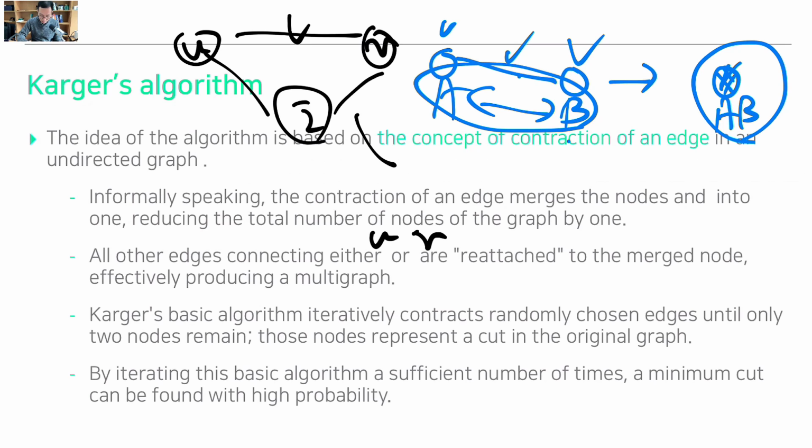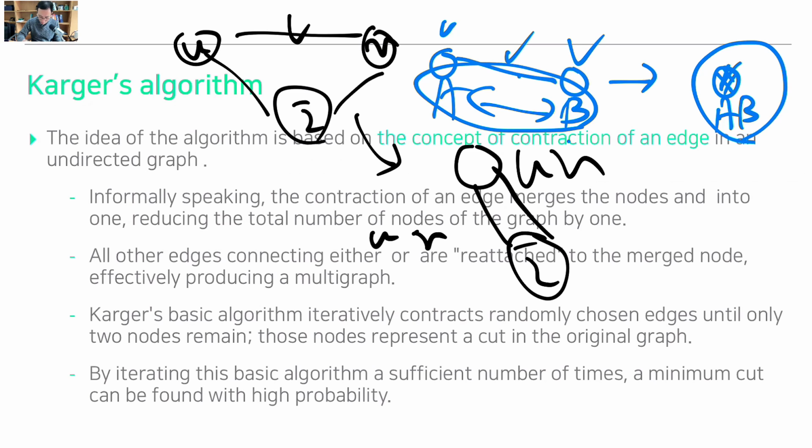After contraction, we have U, V, and I, right? Previously it had the edge between U and I, and we still have the edge between U, V, and I, and we have another edge toward the V, and we also have this edge. In this sentence, I explained the reattaching to the merged node.